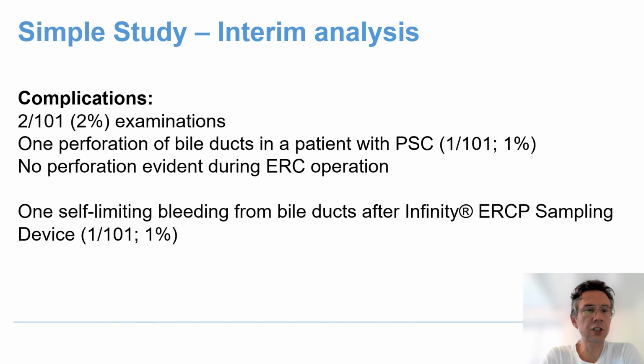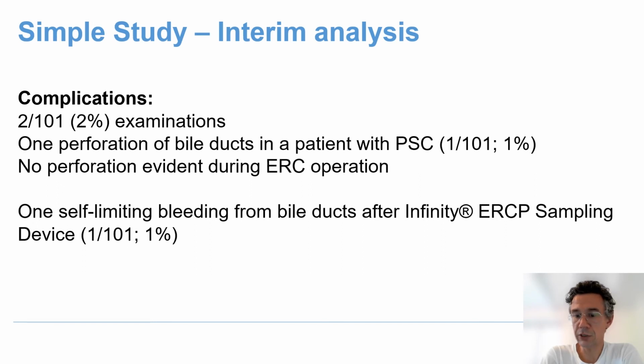Performance of brush cytology is a safe and secure procedure in experienced hands. In our study, we had 2 complications out of 101 examinations, which means 2%. We had 1 perforation of the bile ducts in a patient with PSC, but the perforation was not evident during ERC, so we cannot clearly say which brush device led to this complication.